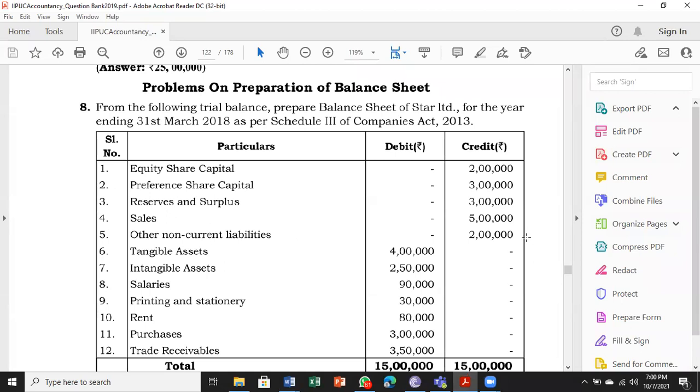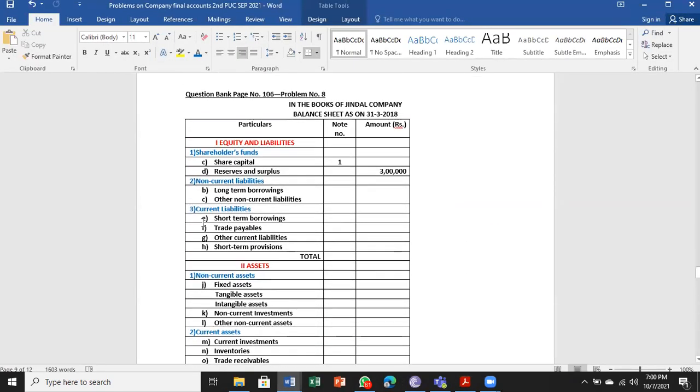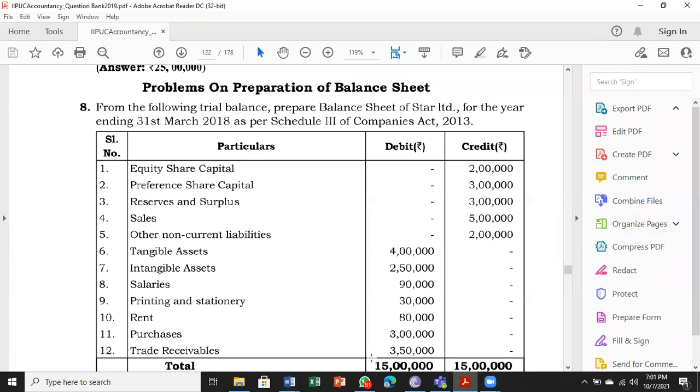Other non-current liabilities, fifth item, other non-current liabilities, 2 lakhs is there. Non-current is long-term, remember. So we'll go to balance sheet again. See, other non-current liabilities, you can see there that amounts to 2 lakhs.